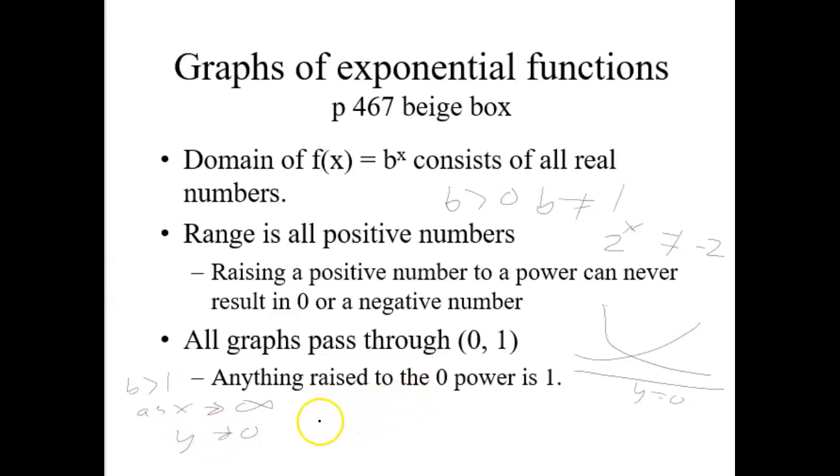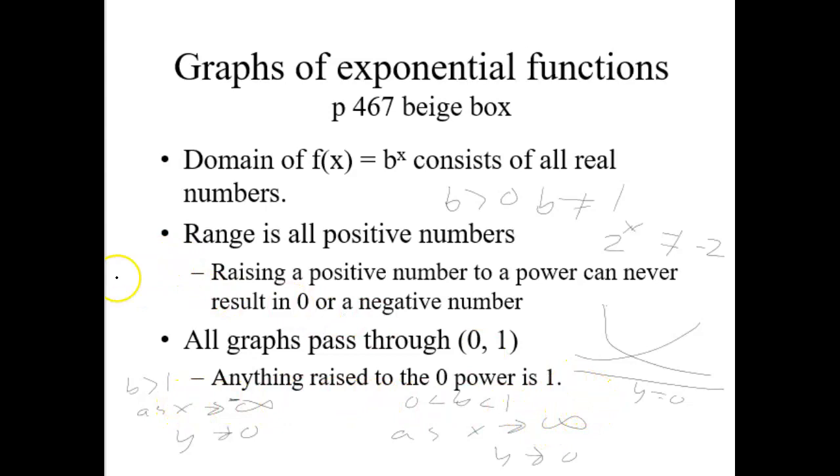It never goes below 0. It does not actually cross. Now, if you have a decay situation, as x goes to positive infinity, y goes to 0. But you never cross it. So you have a left side horizontal asymptote for growth, a right side for decay, but you never cross 0.